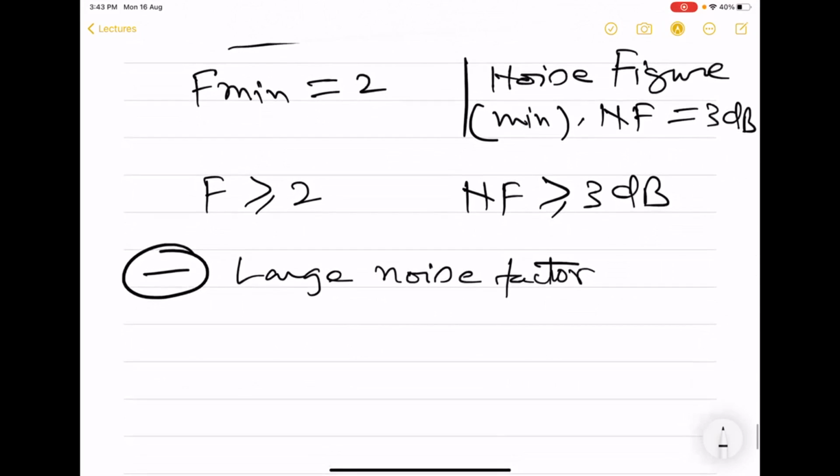So we say that this is broadband. In fact, this will be true for the 3 LNAs that we talked about: resistively terminated, feedback LNA, and the common gate LNA. They all three will have this feature.